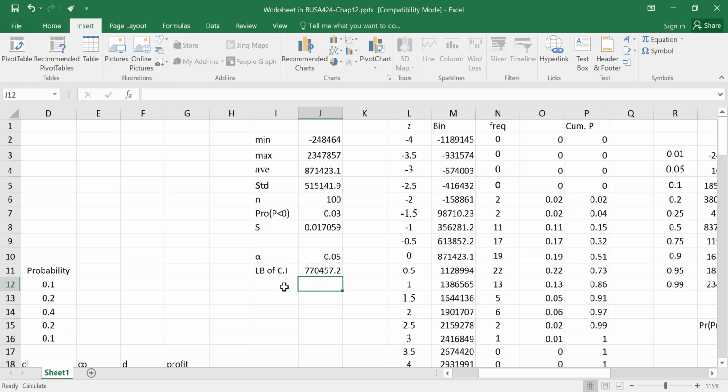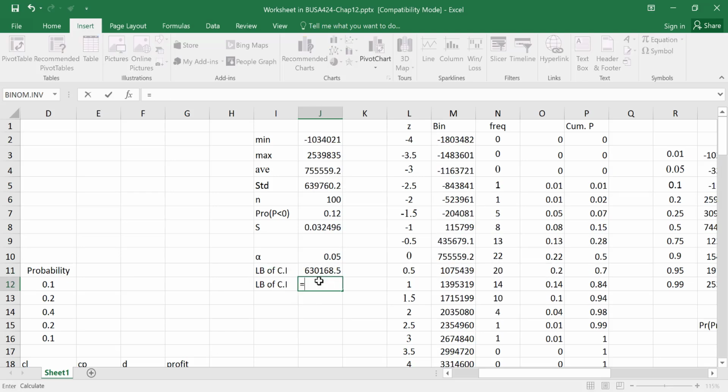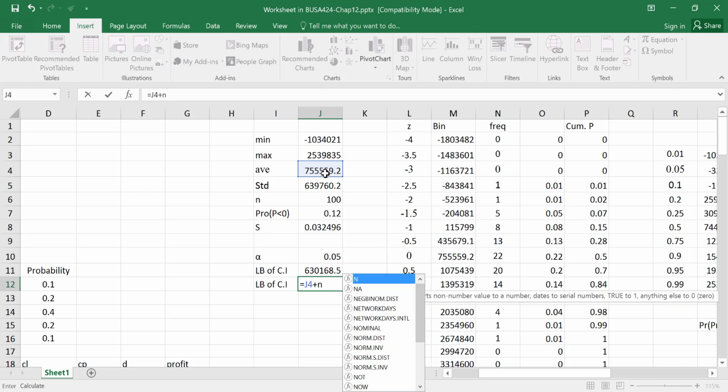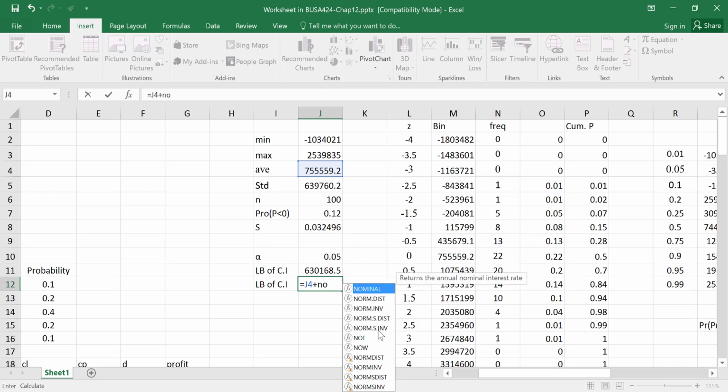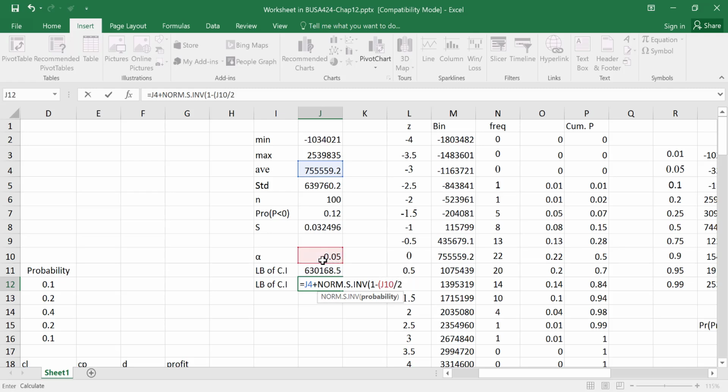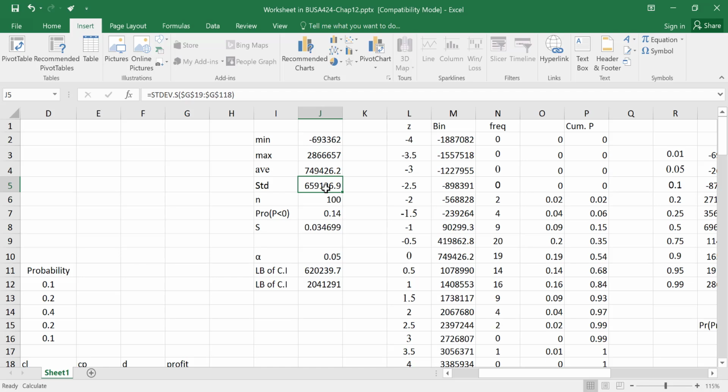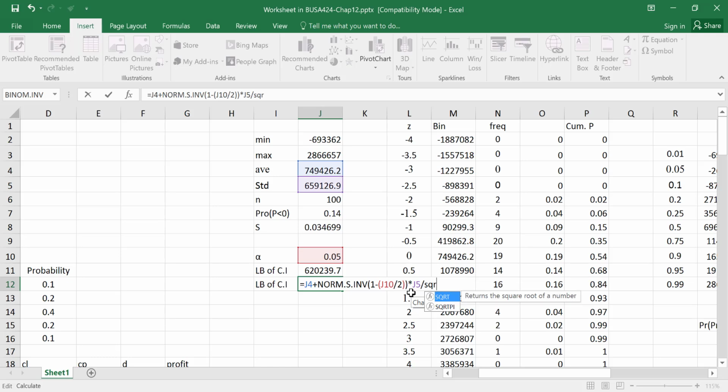The same way that we computed the lower bound, we can compute the upper bound. So the upper bound is going to be the average plus the normal standard deviation inverse of 1 minus half of alpha times the standard deviation, divided by the square root of n.